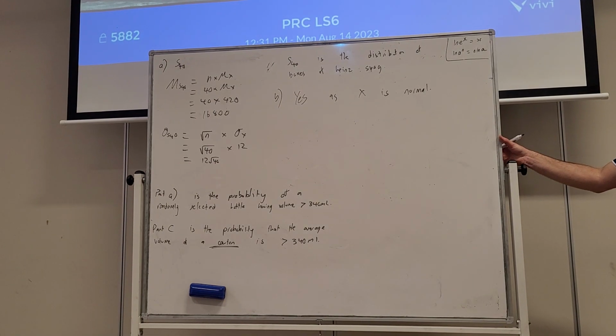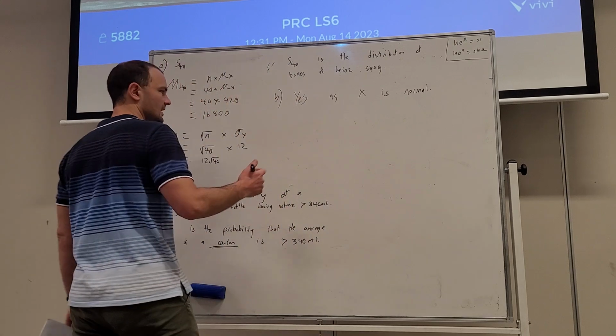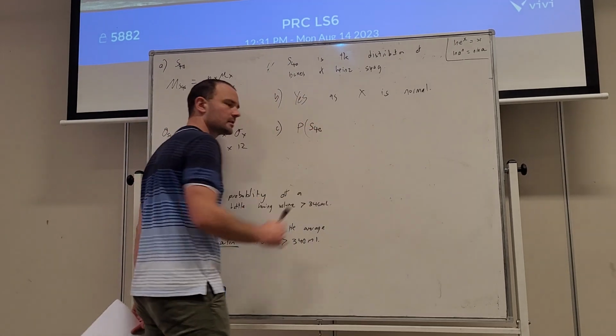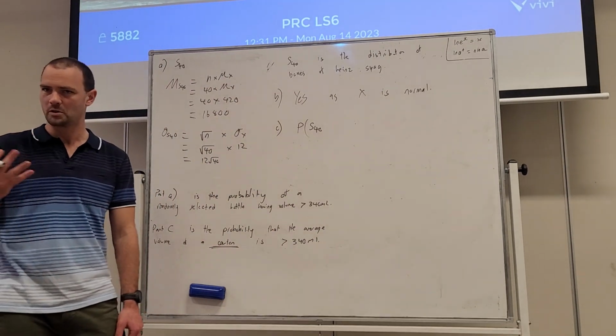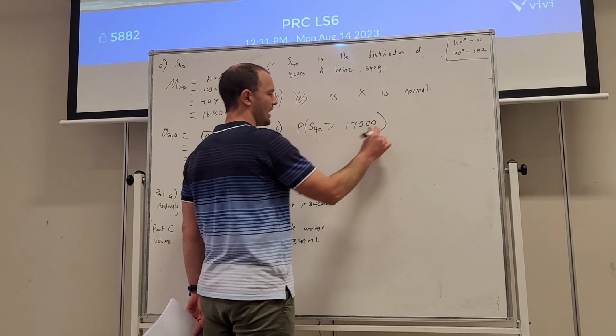And then part C, we have a box is too heavy for the strongman if it weighs more than 17 kilos. Determine the probability that the box will be too heavy for the strongman. So what we're saying here is, what's the probability of a box, that is the variable S40, being larger than 17,000 grams?